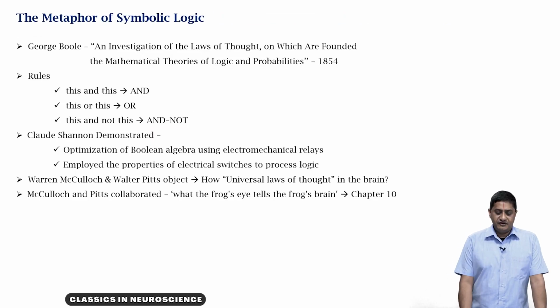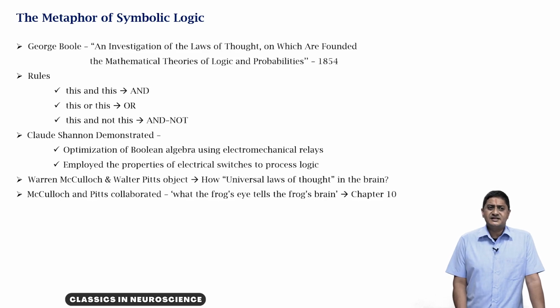So, in 1854, George Boole published his work, An Investigation of the Laws of Thought, on which are founded the mathematical theories of logic and probabilities. In this treatise, he came up with three basic methods by which logic can be communicated.